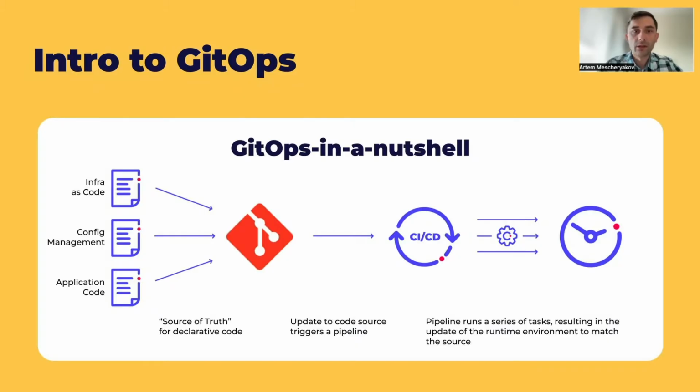If we look at the scheme, it's pretty simple. First of all, we store infrastructure, configuration, application as a code on a Git repository. It's always the source of truth, and any changes done to the Git repository to its default main branch normally undergo CI/CD pipelines.